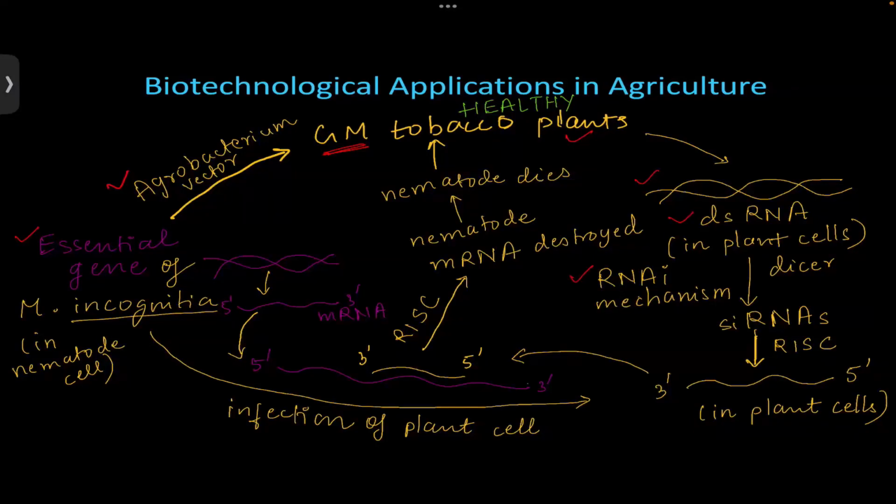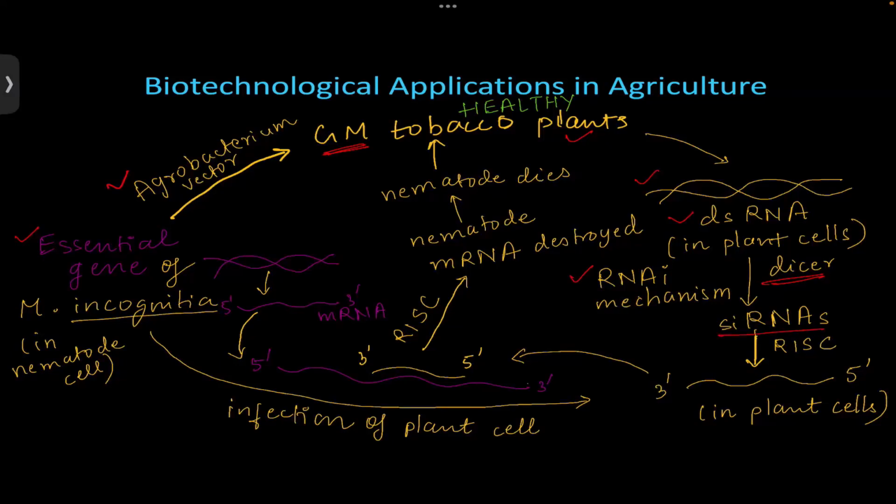So there comes the Dicer enzyme that will cleave the backbone of this double-stranded RNA and create small pieces, which are called siRNA or small interfering RNA.